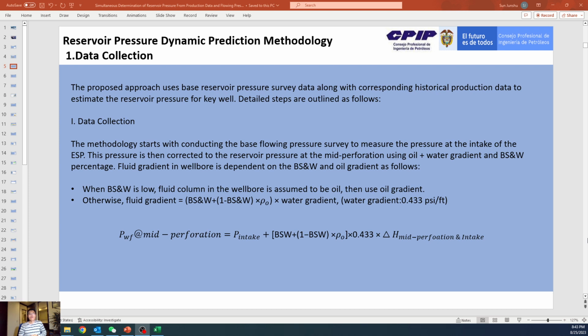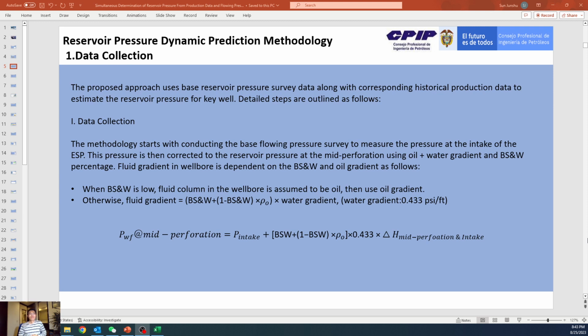Fluid gradient in the wellbore is dependent on the BSW and oil gradient as follows. When the BSW is low, the fluid column in the wellbore is assumed to be oil. In this case, we can use the oil gradient.